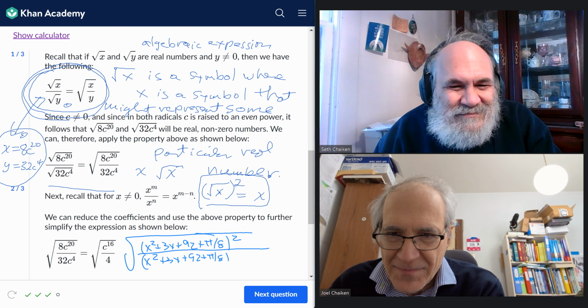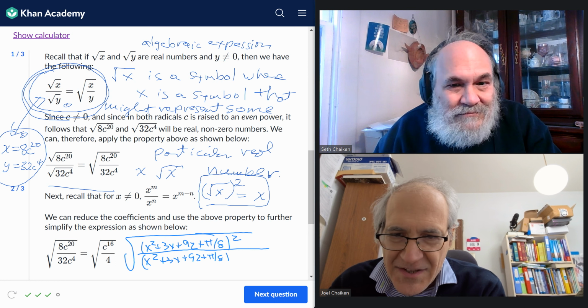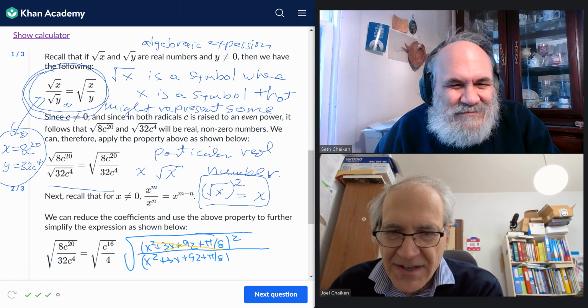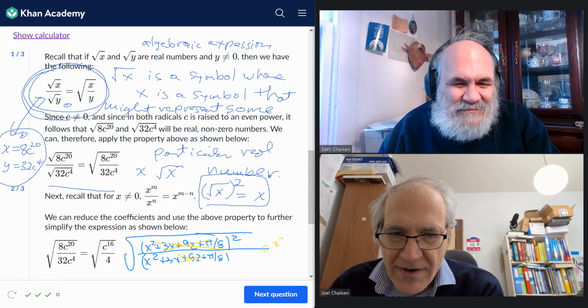You could manipulate these as if they are expressions. This whole thing is one expression, this whole thing is x, and this whole thing is x. So that's really x squared over x, which is just x, the square root of x.